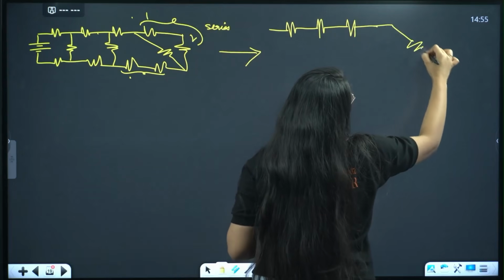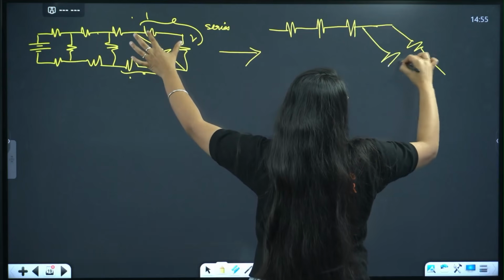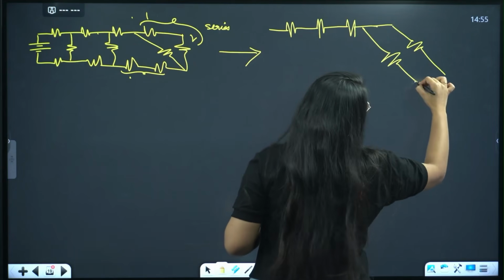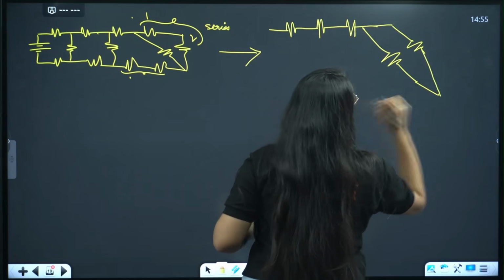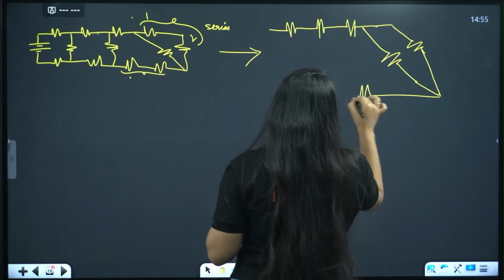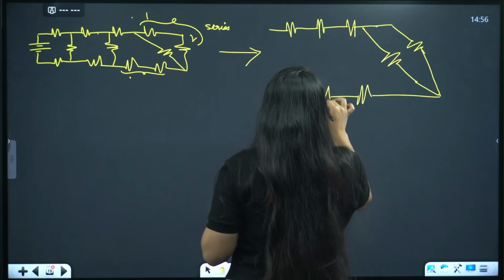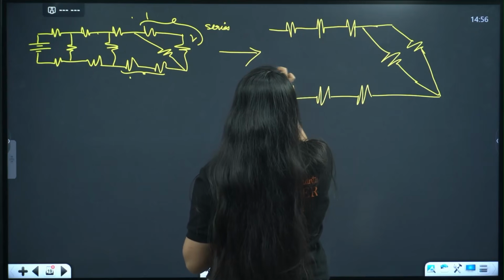So in that place, one circuit will be there and this circuit will also be there, correct? This circuit will be there, something like this, and then these two are in series. So instead of 2, we can only place 1, and then one more resistance and one more resistance and battery.